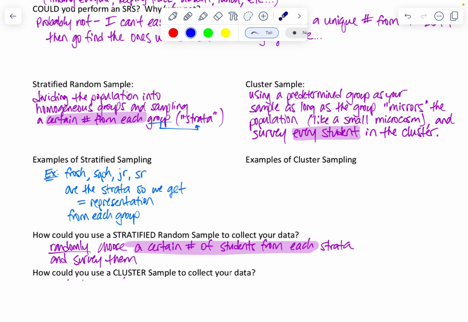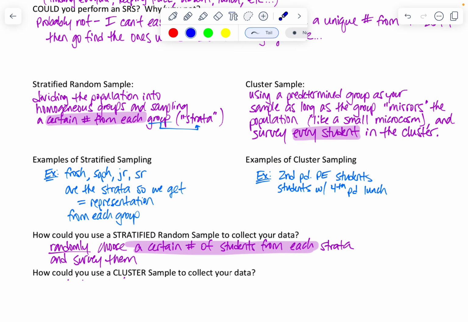Here's an example. Correct me if I'm wrong, but don't you think PE periods, like if you go to the gym during second period, aren't freshmen, sophomores, juniors, and seniors all represented in second period PE, for example? I'm pretty sure there are honors students and non-honors students that take second period PE. I'm pretty sure there are athletes and musicians and people in theater and other extracurricular activities all represented in second period PE.